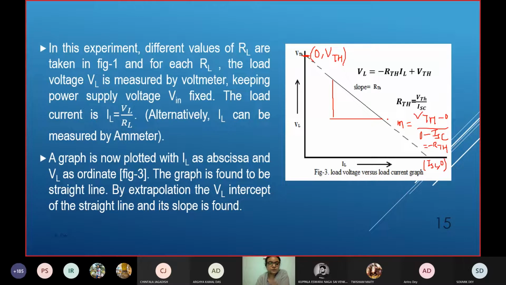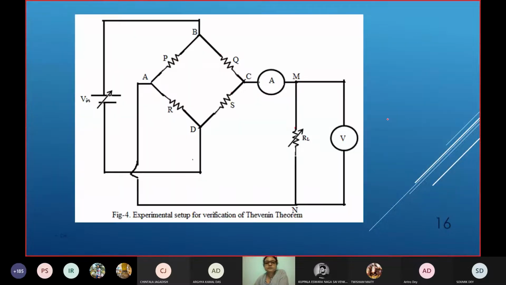If these are coming close to each other, then we can say that Thevenin's theorem is verified. An ammeter is inserted in series to measure the IL, and the voltage across this will measure the VL.